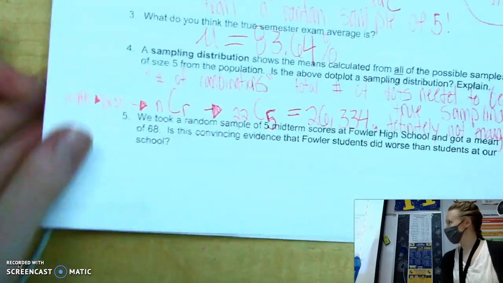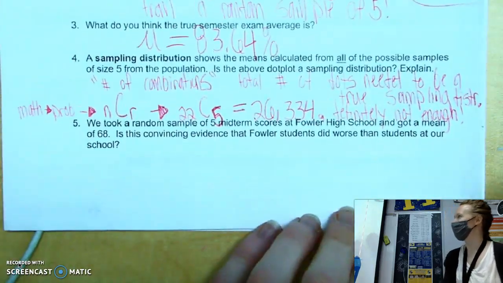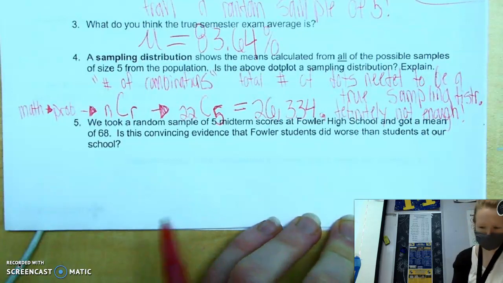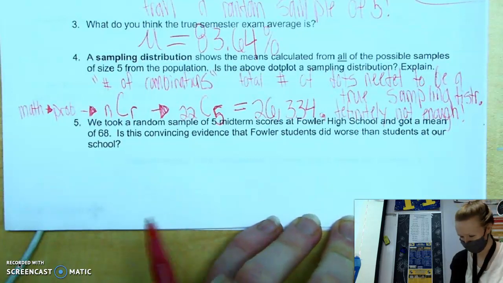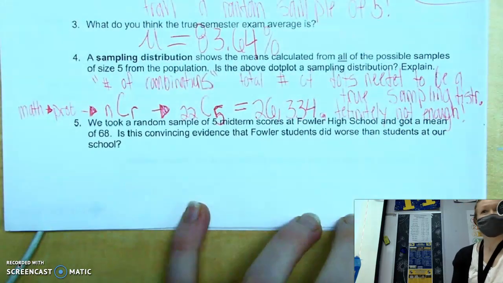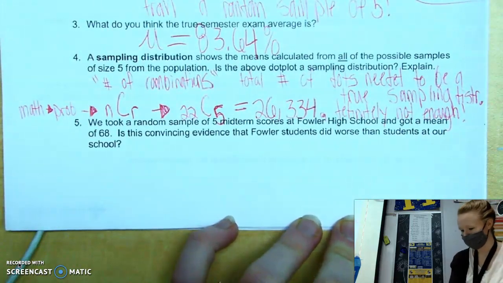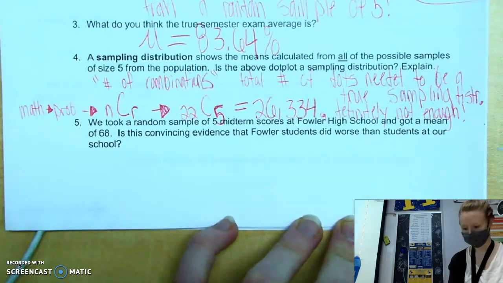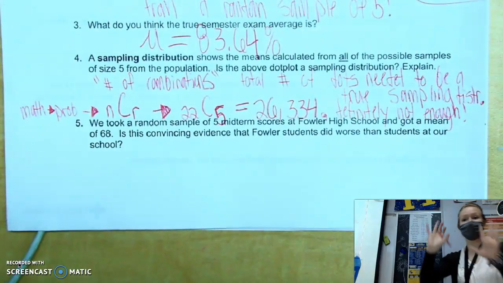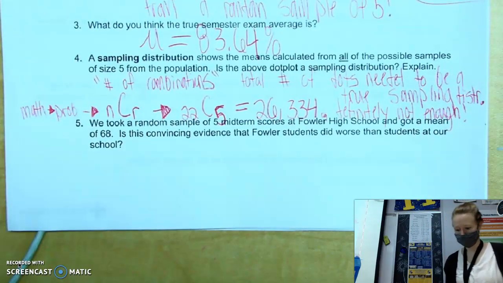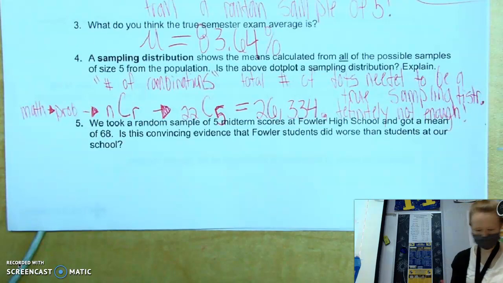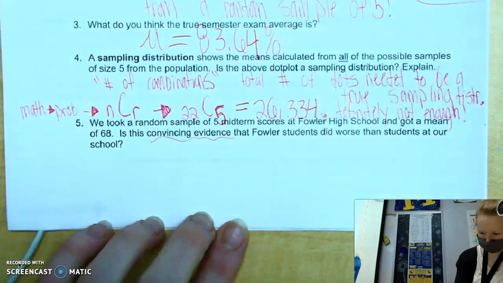So we took a random sample of 5 midterm scores at Fowler and got a mean of 68. Is this convincing evidence that Fowler students did worse than our school? So if we were to do this like a full-on AP exam, we're looking at convincing evidence, right?